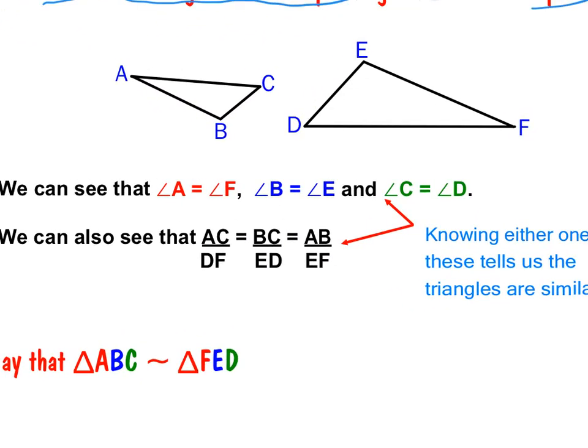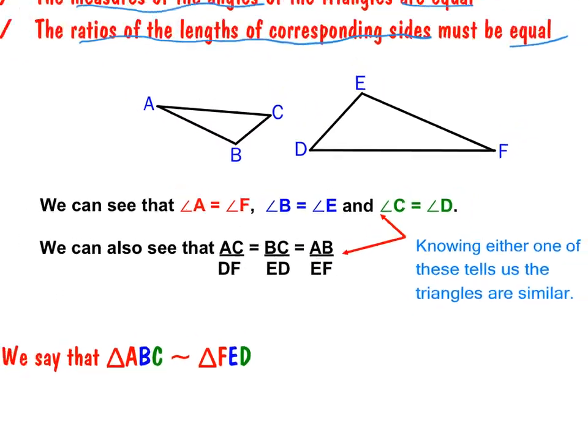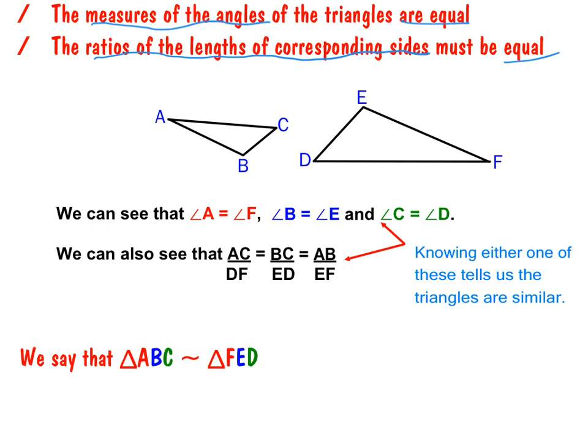So here we have triangle ABC and triangle DEF. You can see that the triangle on the right is a lot bigger, but if we took a protractor and measured the angles, we would find the following.